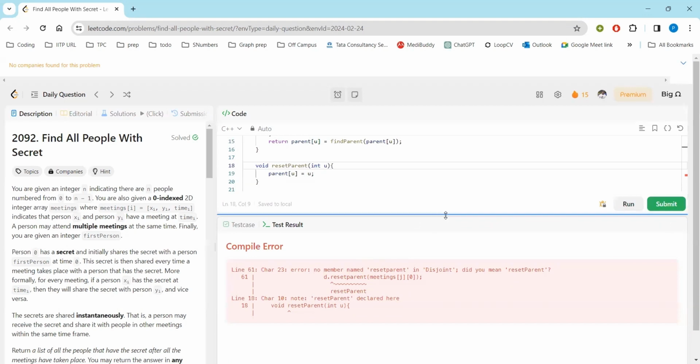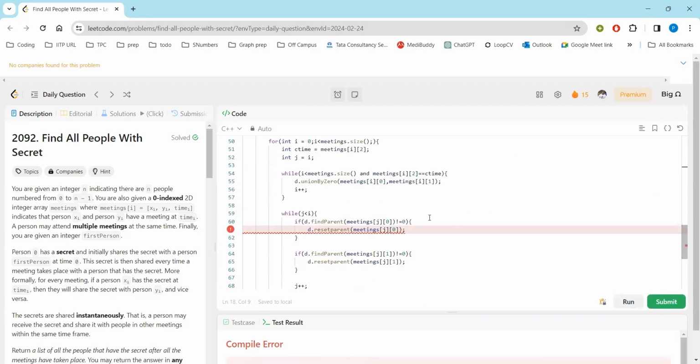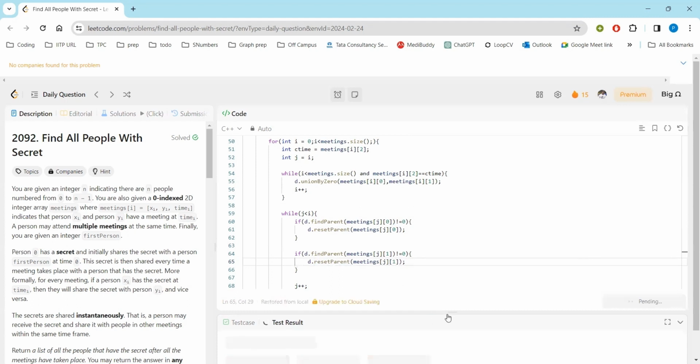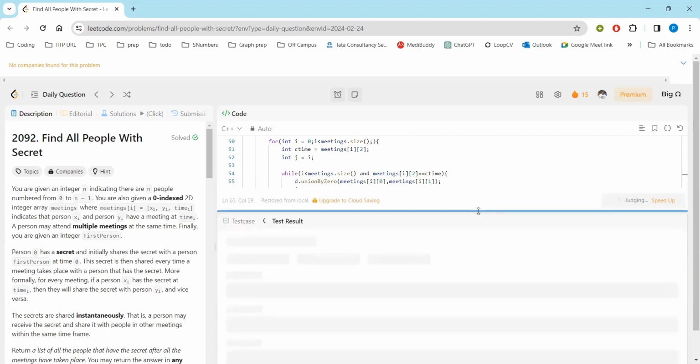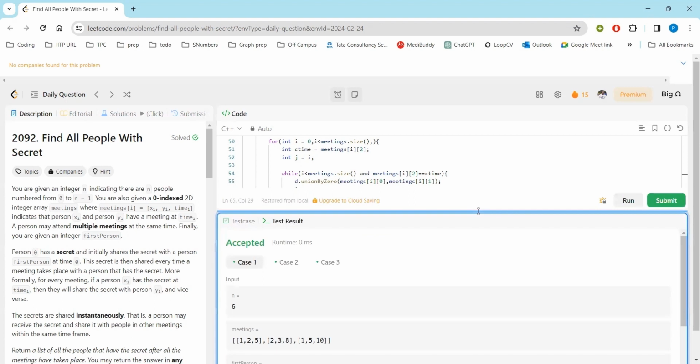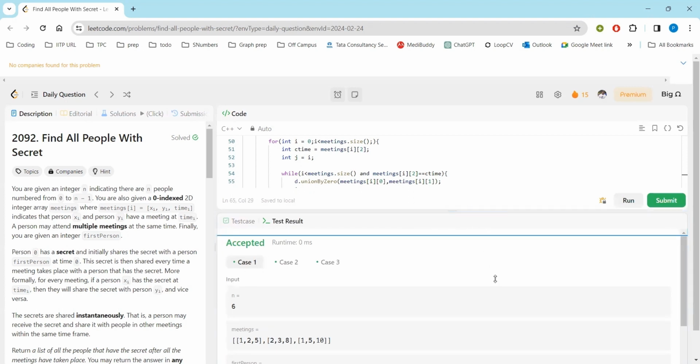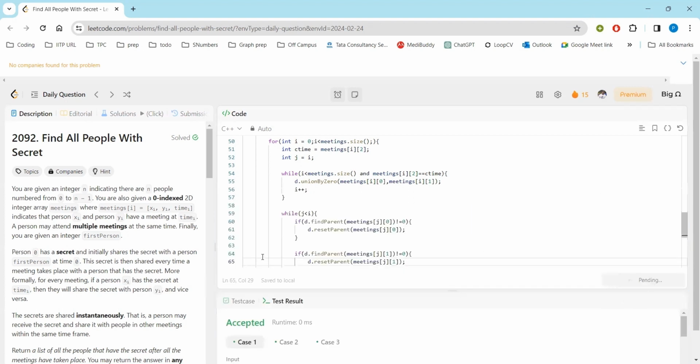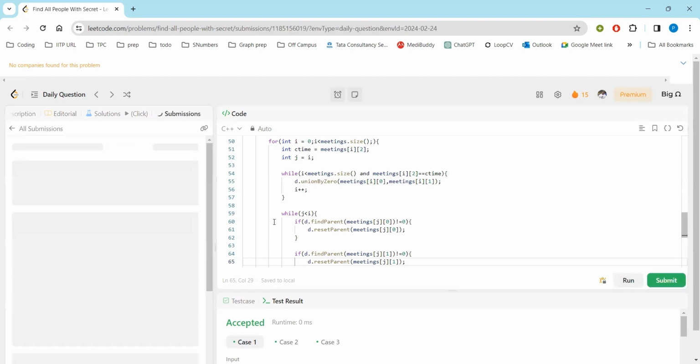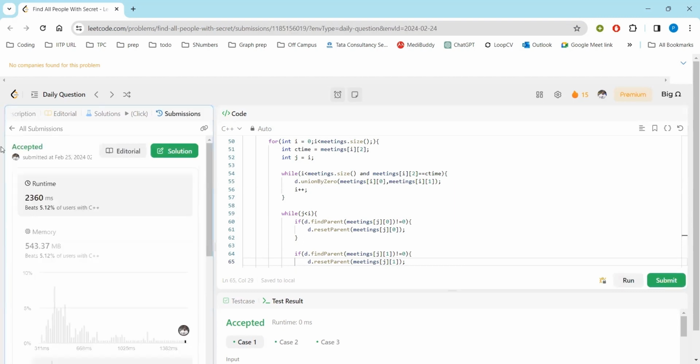D dot reset parent. I think I have made some typo mistake. Okay, it will be capital P. Let's try to resubmit. Yeah, now the test cases have passed. Let's try to submit the solution. So the solution has been accepted.